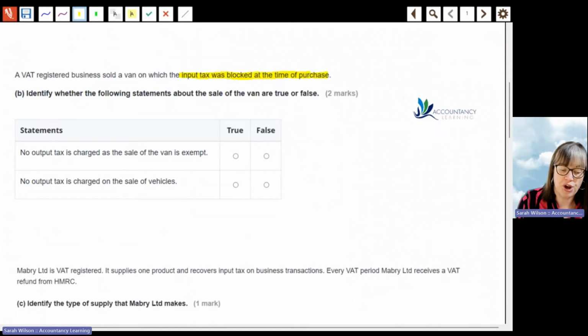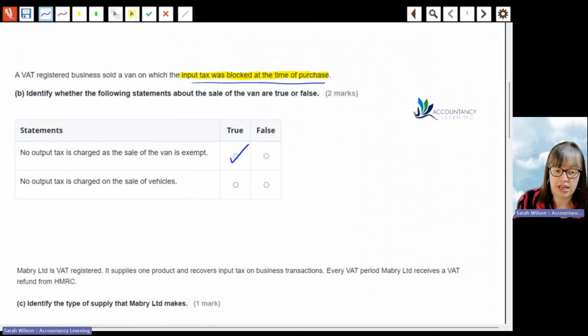So the first one is: no output tax is charged as the sale of the van is exempt. For this part of the question, this bit here that we highlighted at the start is important, because if the input tax was blocked at the time of purchase, it makes the sale of the van exempt for VAT purposes. So that would make this statement true.